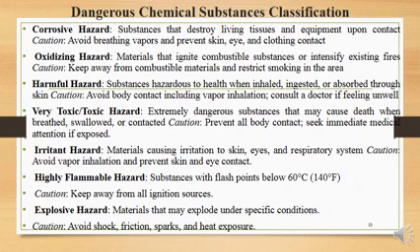Caution: avoid vapor inhalation and prevent skin and eye contact. We have highly flammable hazard: substances with flash point below 60 degrees Celsius, that's 140 Fahrenheit. Caution: keep away from all ignition sources. Explosive hazard: materials that may explode under specific conditions. Caution: avoid shock, friction, sparks and heat exposure.